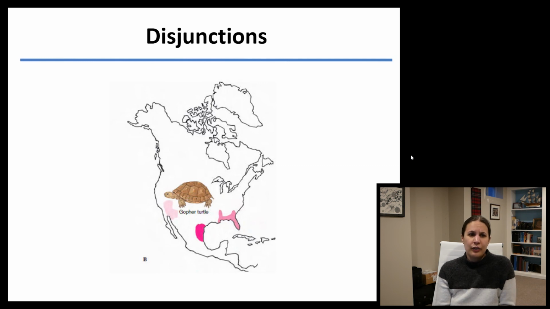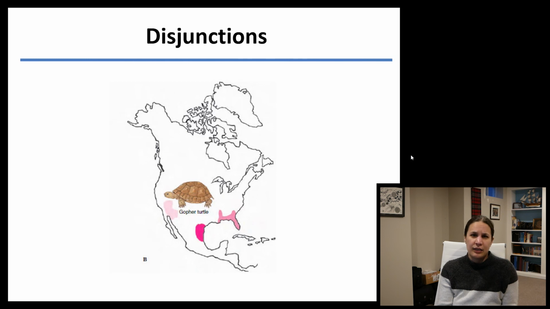So unlike the gopher example, where the two populations were clearly separated by a geographic feature that still exists today, the Rocky Mountains, there's less obvious barriers here to separate these subpopulations. There might be climatic barriers if we were to look at it. So we could look and see if this species has very specific climate requirements, and if the climate in between these areas is unfavorable, would be one way of looking at it.